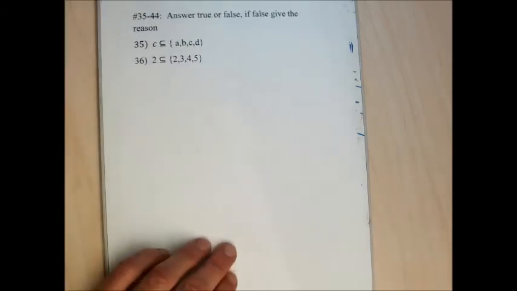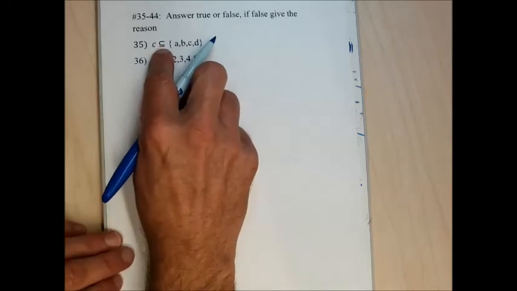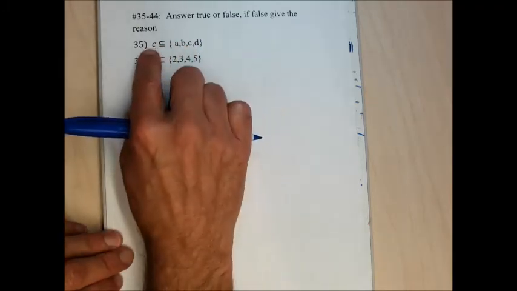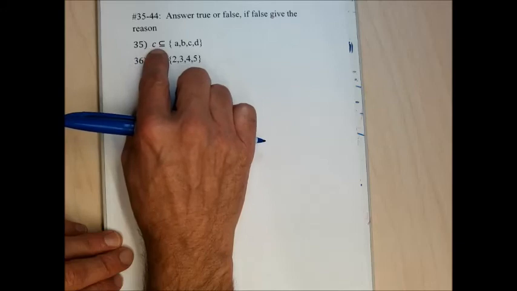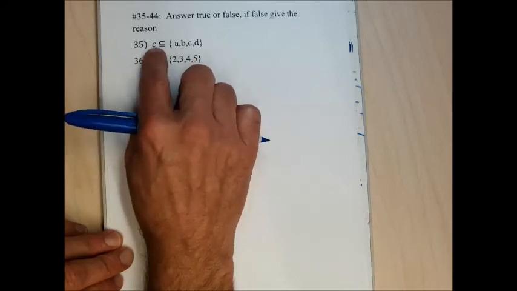All right. One last group of problems. I didn't realize there was a last group hanging on there. I didn't get to the end of the section when I was previewing it this morning. So I need to answer true or false, and these are just subset or proper subset statements. 35 says, the letter C is a subset of the set that contains A, B, C, and D. This is either a true or a false statement.